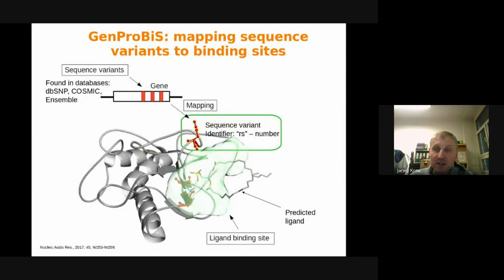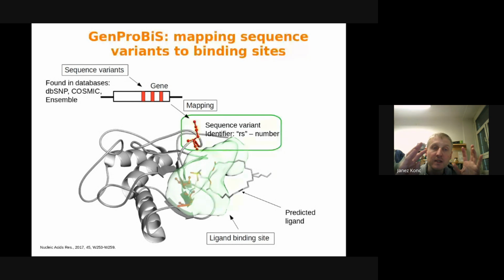So the ProBiS web server enables you to map sequence variants onto binding sites. Sequence variants come from different databases, such as dbSNP from the NIH, COSMIC, and Ensembl. Different databases have all these sequence variants, which can be somatic or within a population. That's not important.